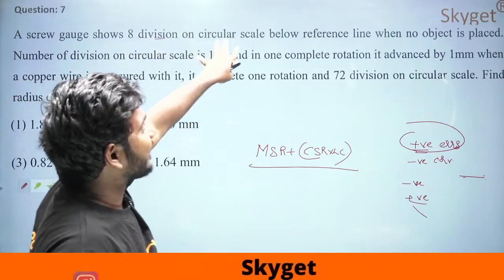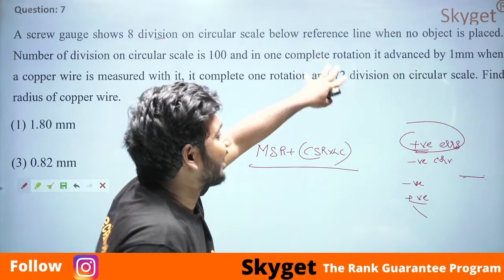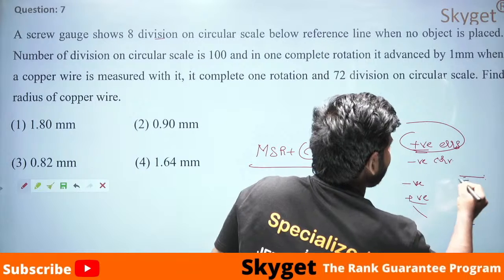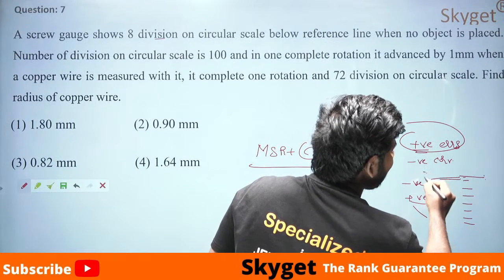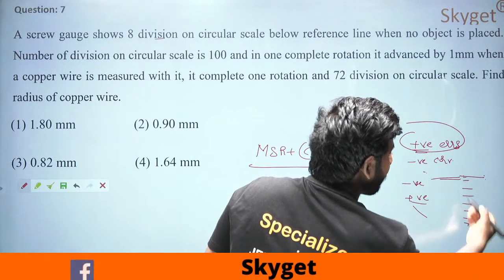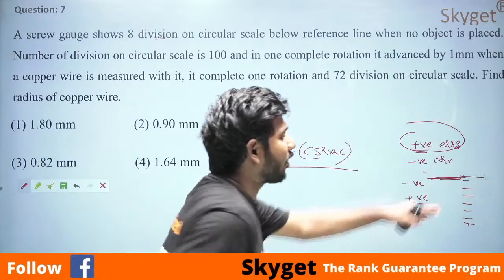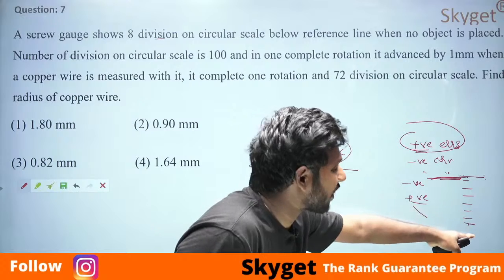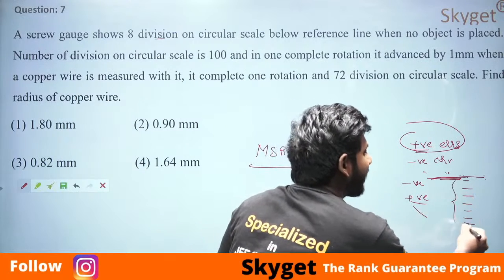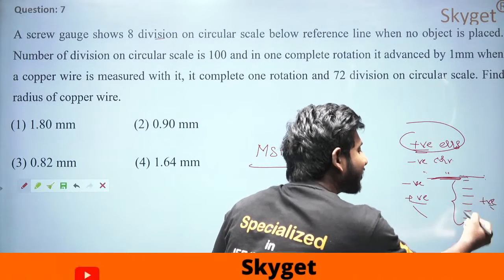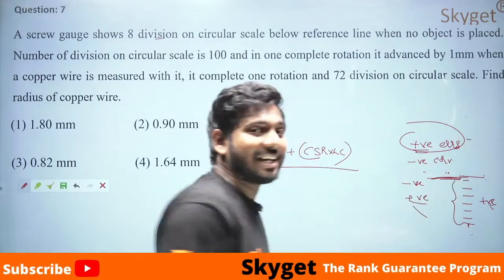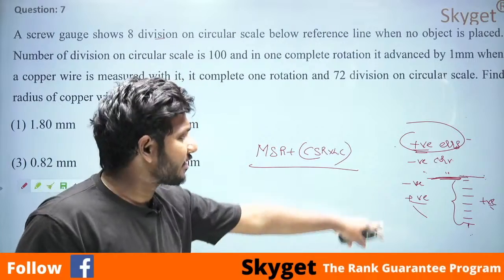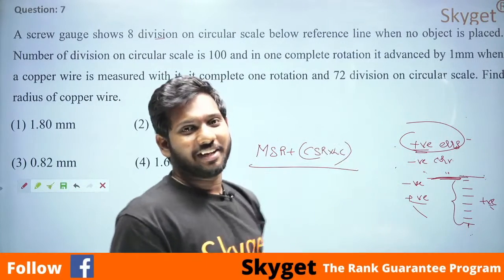That means 0, 1, 2, 3, up to 8 divisions below. So error will be positive here, students. If this is above, the error will be negative. If zero error is positive, then correction should be negative here, students.